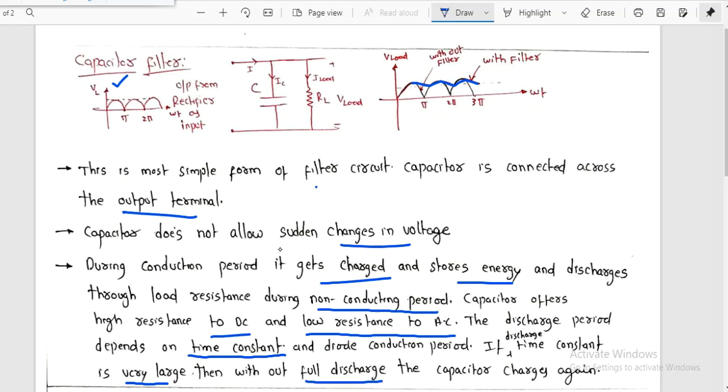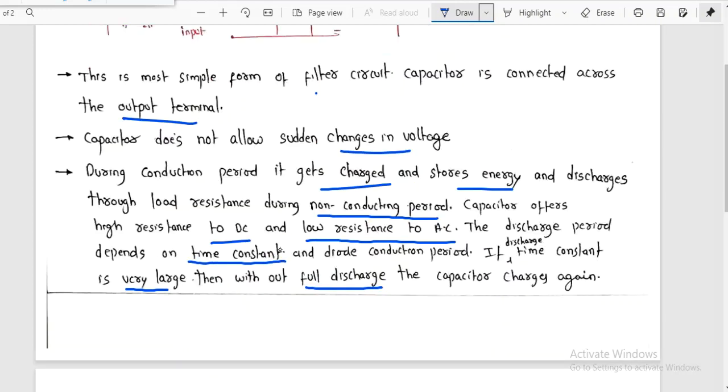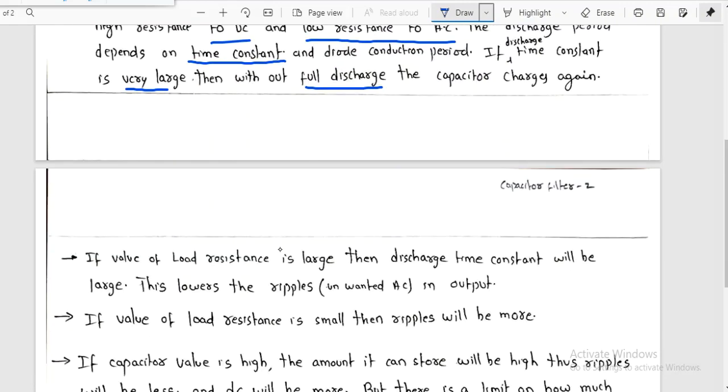Actually, the capacitor has to get discharged fully, but if the discharge time constant is very large, then without complete discharge the capacitor starts getting charged again.